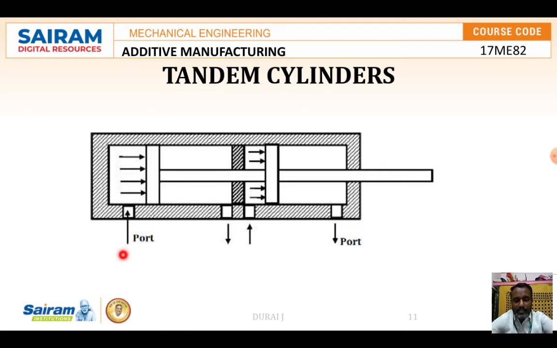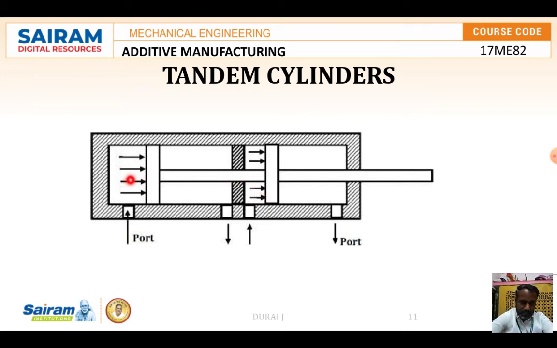With the help of the direction control valve, the fluid energy enters over here, and at the same time, once this opens, it also happens here, and the pressure acts on the pistons.